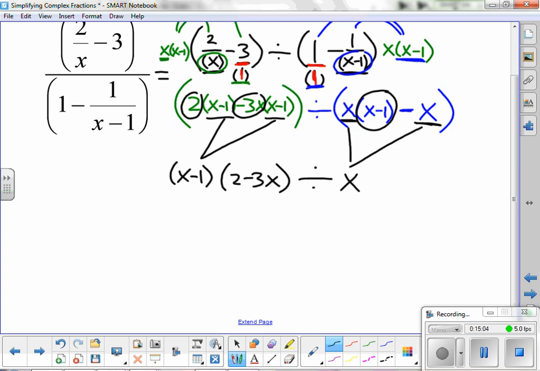Leftovers are this x minus 1, and actually this is x times 1, so you have a 1 left over too. Pull out x. That'll leave x minus 1 minus 1, basically, because this x came out right here.